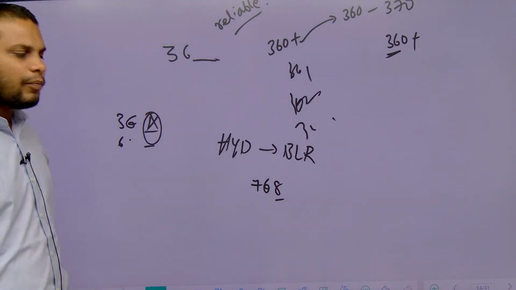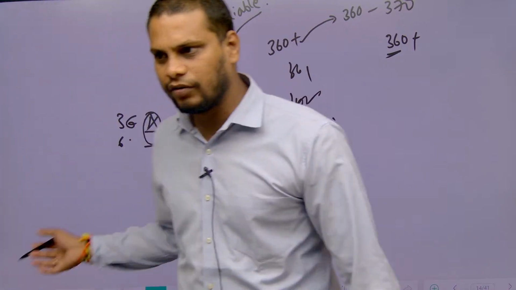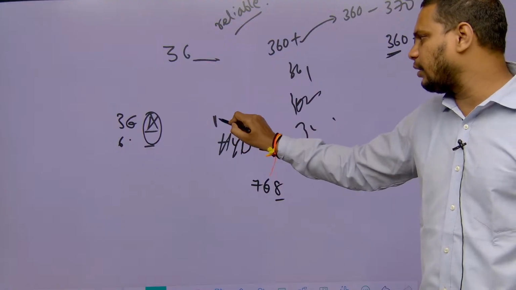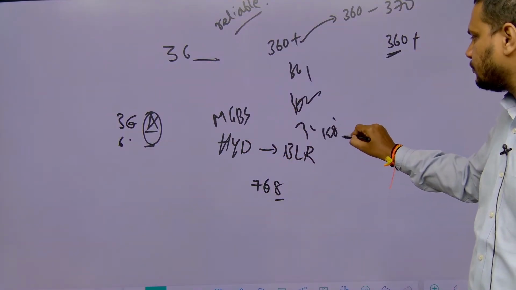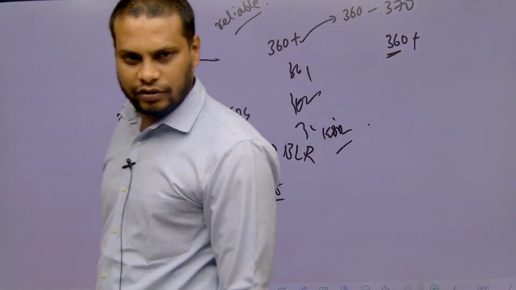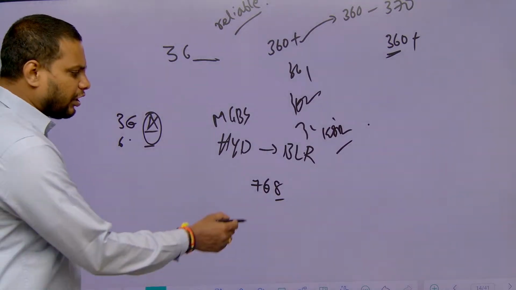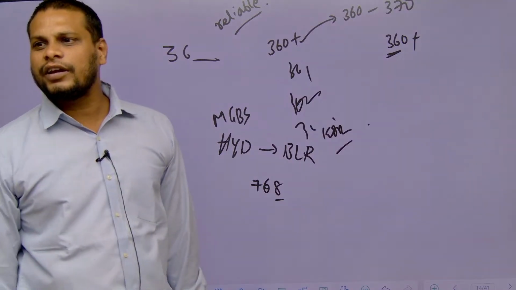Suppose I take Hyderabad MGBS to Bangalore KSR bus stand. I took the two bus stand distances. Now whether it is exactly 768, we also cannot say.